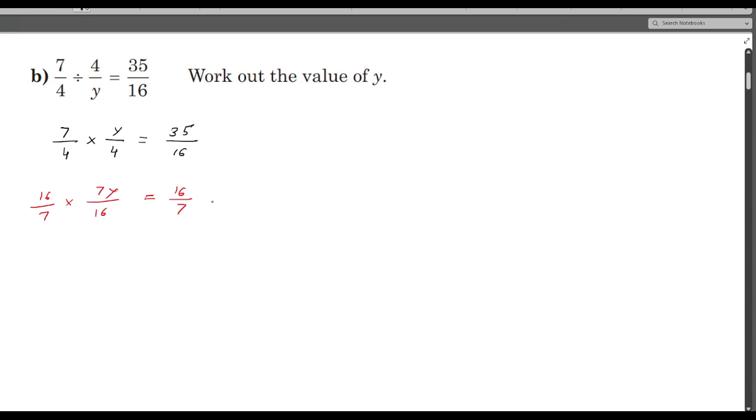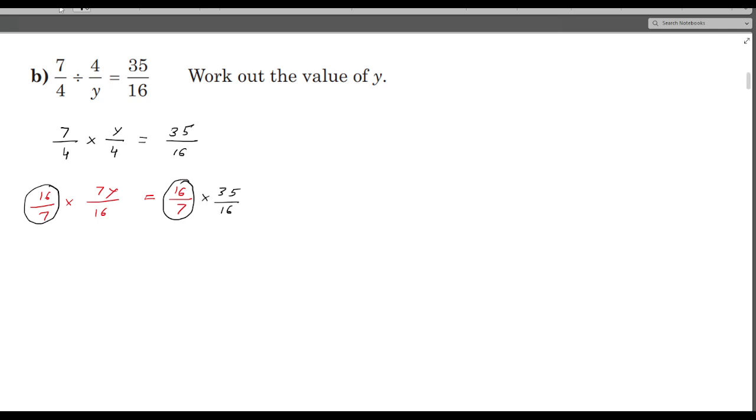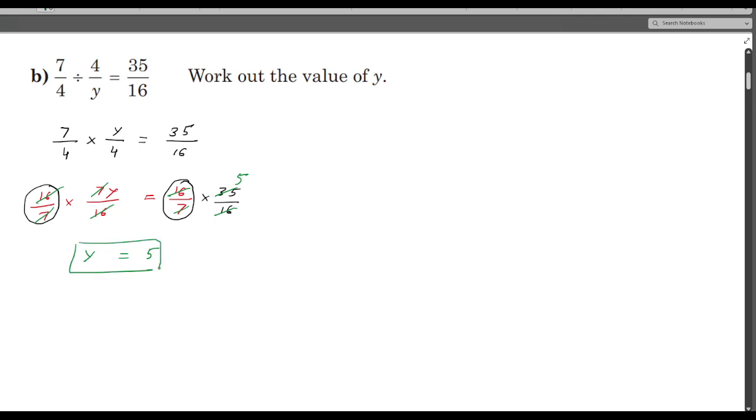So on the left hand side and on the right hand side we have multiplied by 16 divided by 7. Now on your left hand side, this 16 and this 16 will cancel, and this 7 and this 7 will cancel. So you have y on the left side, and on the right side this 16 will cancel, and 7 times 5 is 35. So your y is equal to 5.